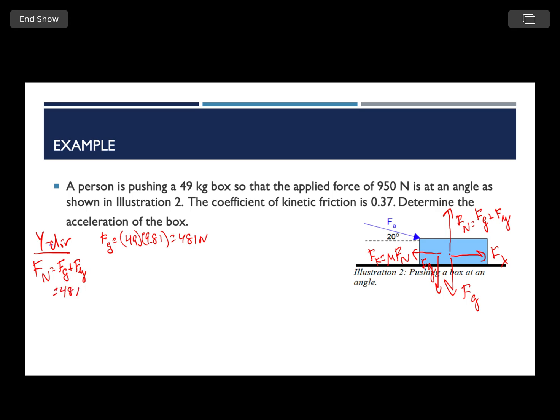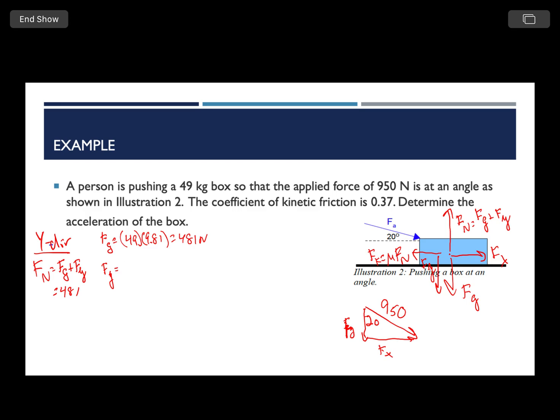Awesome. Now, for this here, I'm going to draw this over here. We've got this bit here, and it's got a Y component and an X component and a 20-degree angle. So this is my Y, this is my X, and this here is 950. So using sine, cosine, and tangent, in this case, to find the Fy, I'm going to use cosine.